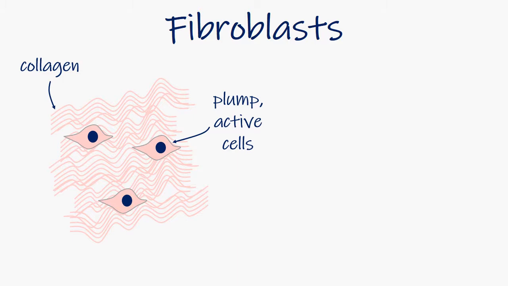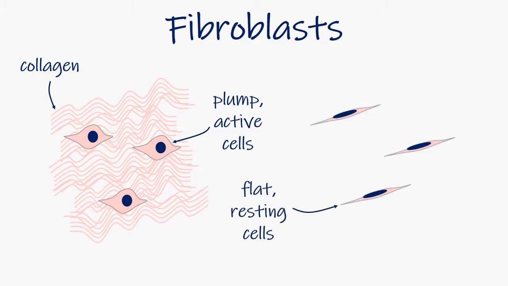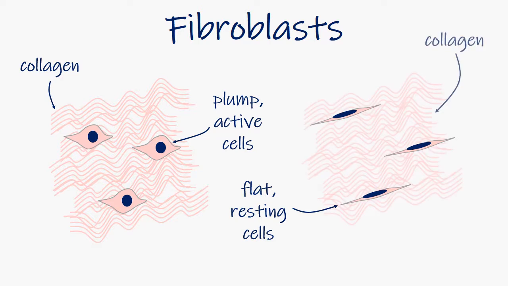During most of our adult life, the fibroblasts are relatively inactive, and so they appear flat in most tissues of the human body. As shown here schematically, that means that only the nuclei are easily visualized, with the cytoplasms of the cells blending into the surrounding collagen fibers.